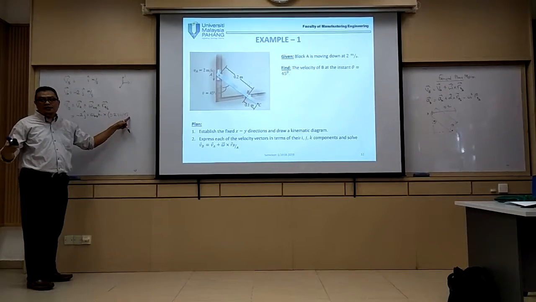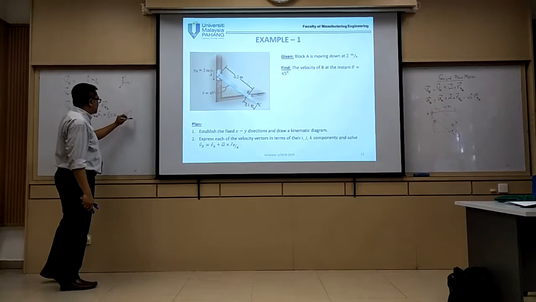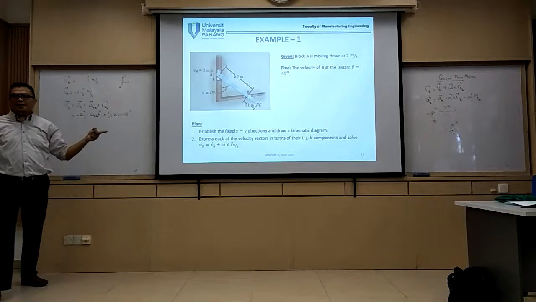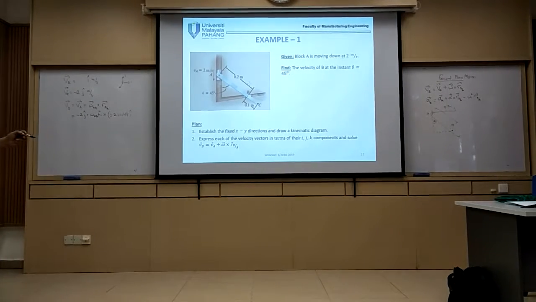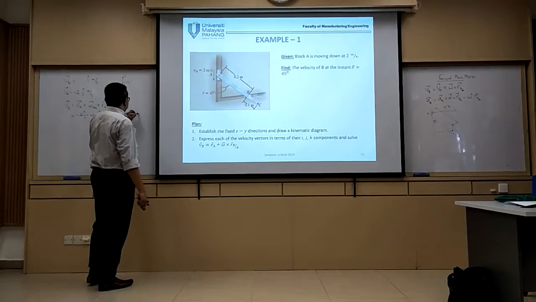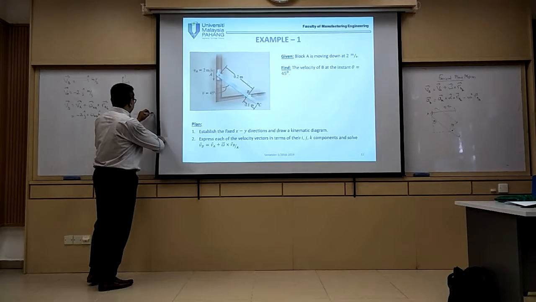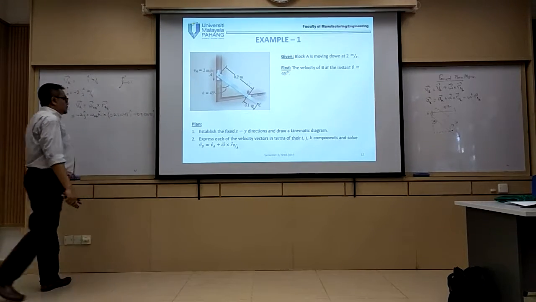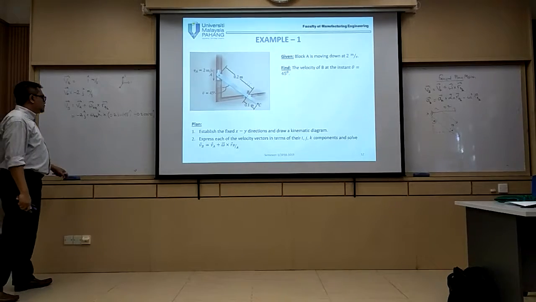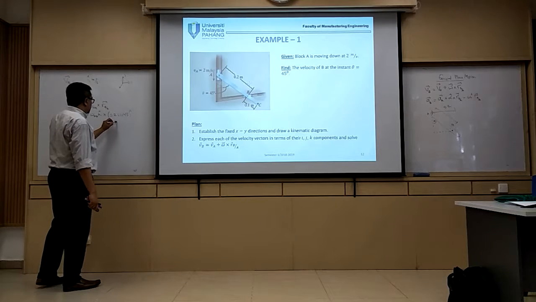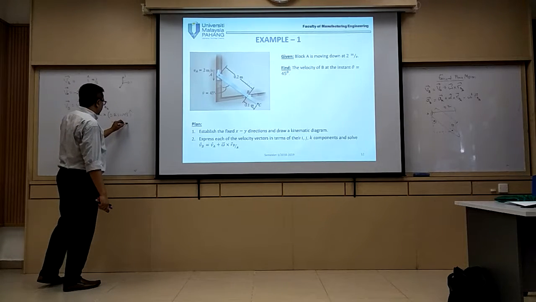Don't forget to put the I. Then what is the J component? 0.2 sine, plus or minus? Minus, because it's going down, right? So minus 0.2 cosine 45 J.